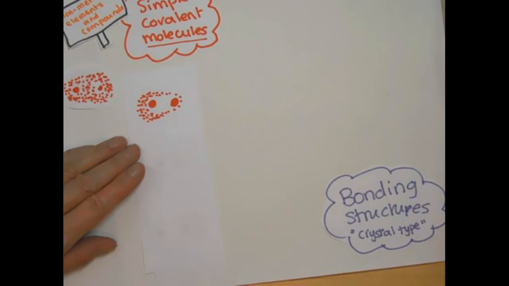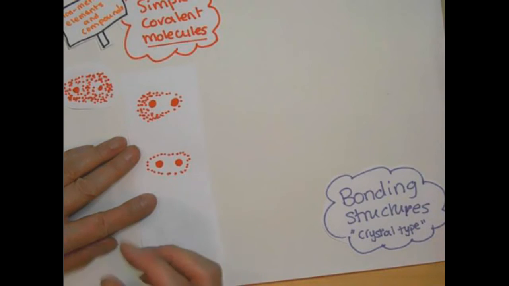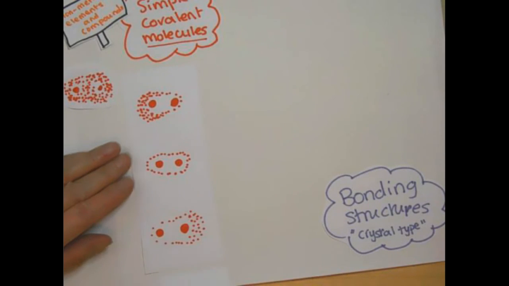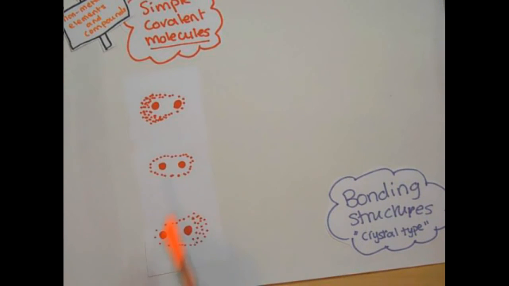When we take another picture, we could find that the electron is evenly smeared between the two. Or we could take a third picture and we could see that the electrons are smeared towards a different side. And we're going to get this transition, particularly if these are atoms of the same element.